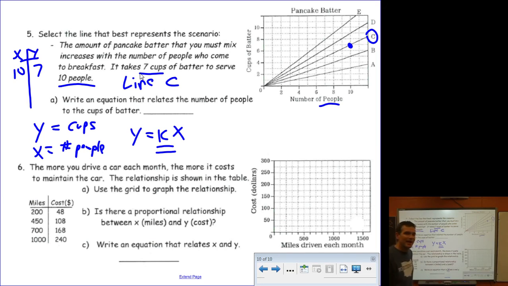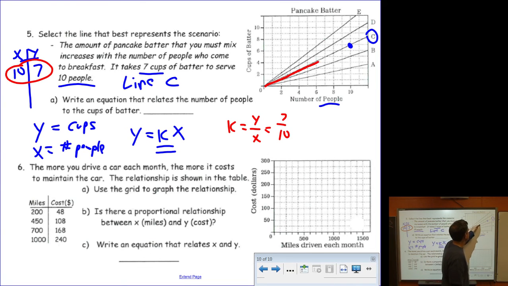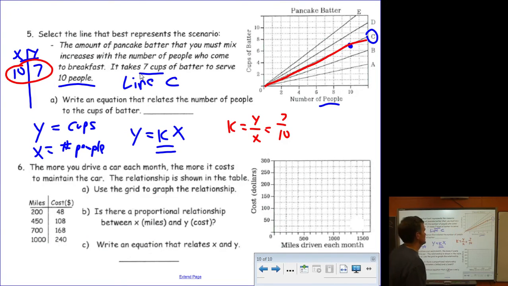I just need to find k, and the k value is always equal to y over x. In this case, that would be 7 over 10. So the equation for that line would be y equals 7 over 10 x.